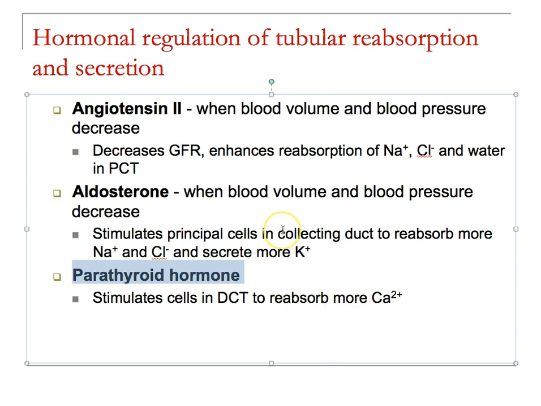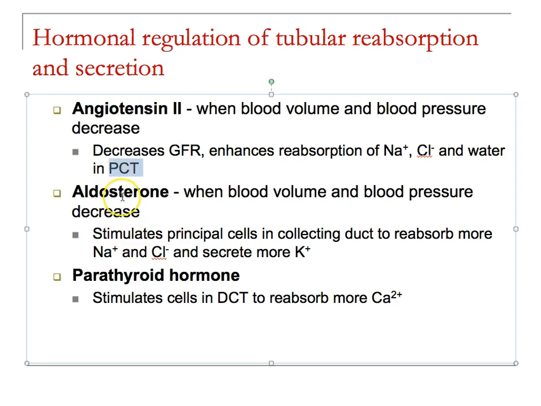So here are our major hormones. Angiotensin 2 decreases glomerular filtration rate. It enhances reabsorption of water, and of sodium and chloride as a result of water, in the proximal convoluted tubule.